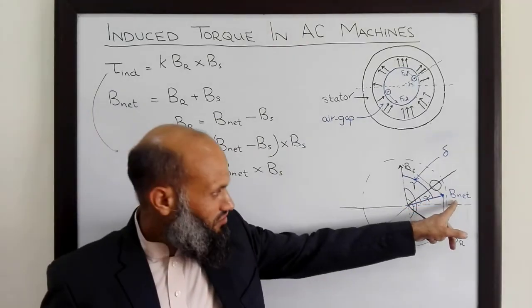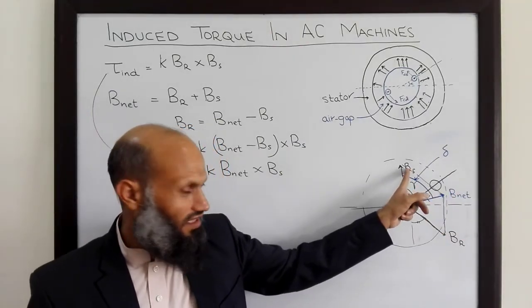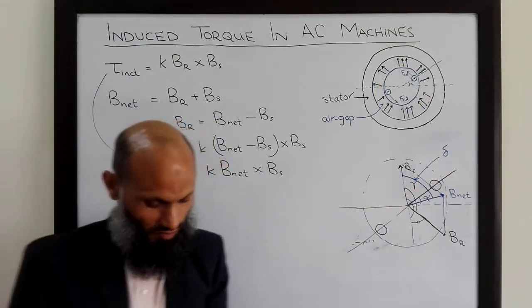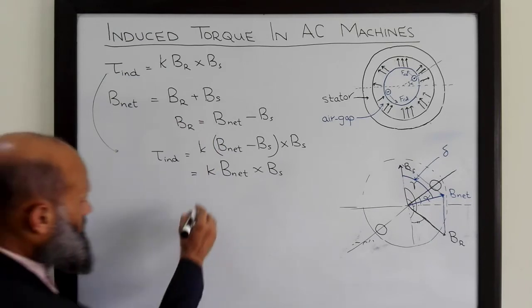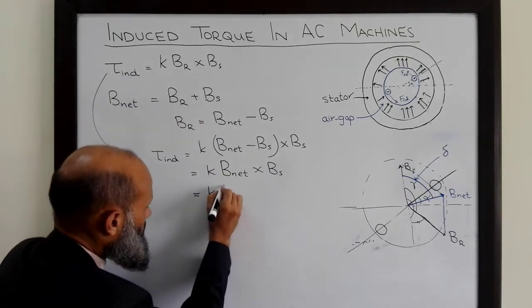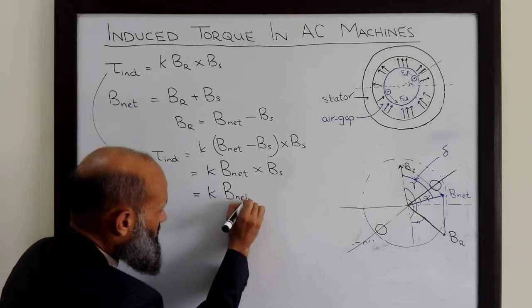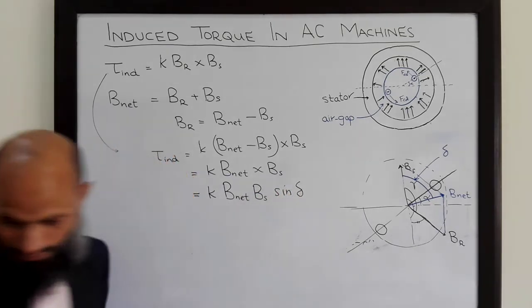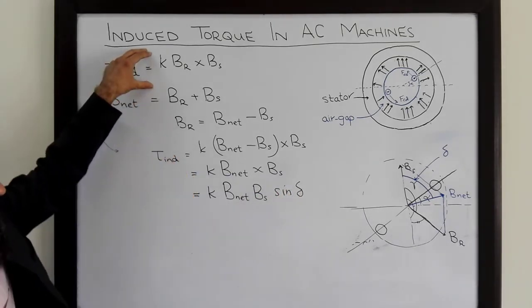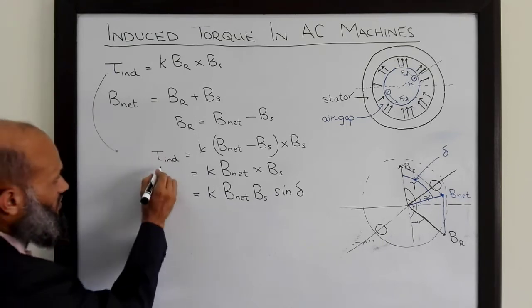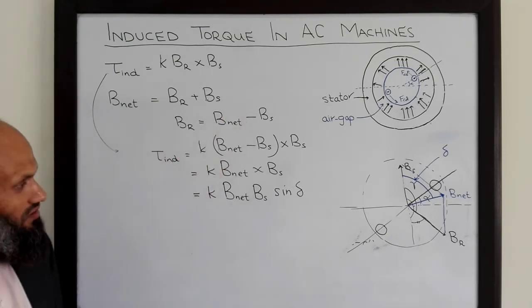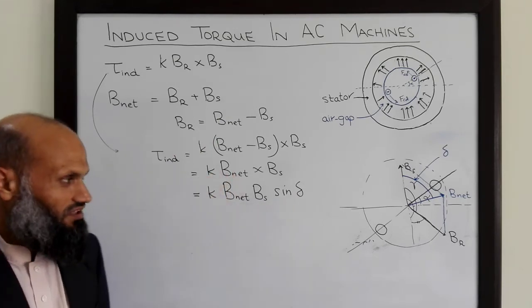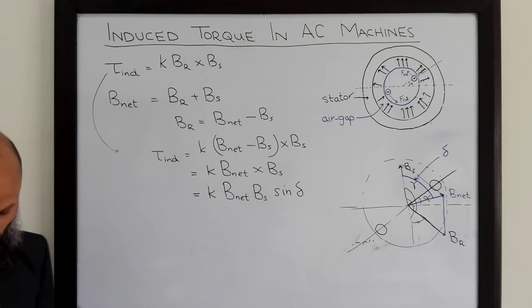The angle between the net flux density vector and the flux density vector due to the stator magnetic field is denoted by delta. Therefore this expression is equal to K B net Bs sine of delta. So these are different expressions for induced torque in this machine. We shall alternately use these expressions whichever is convenient in different situations.